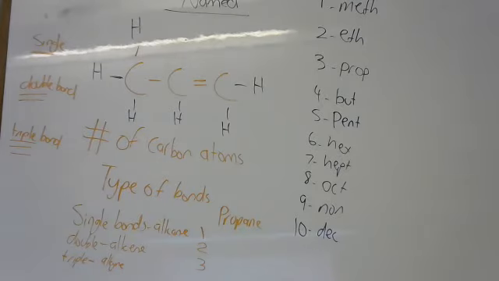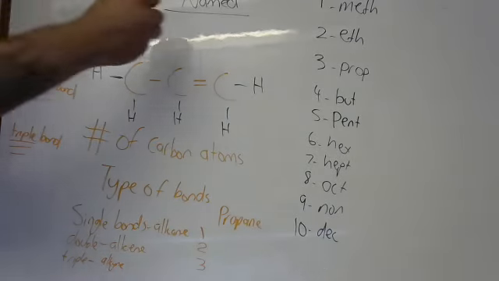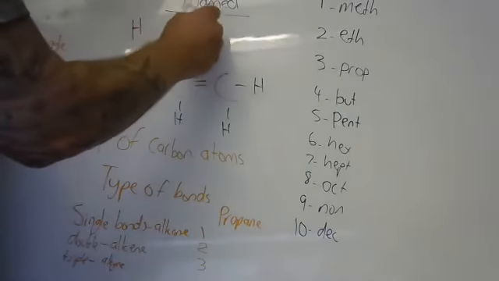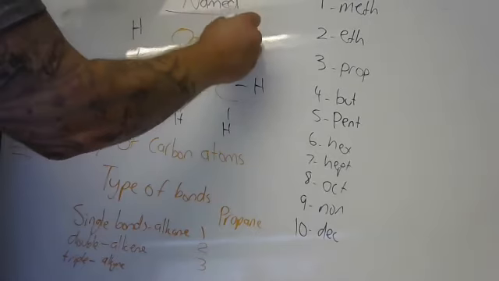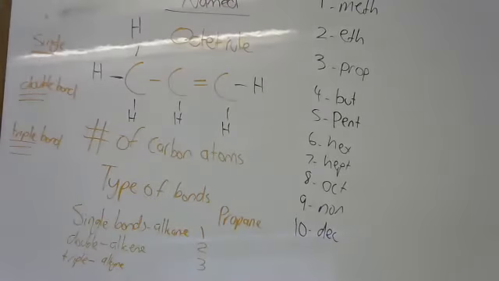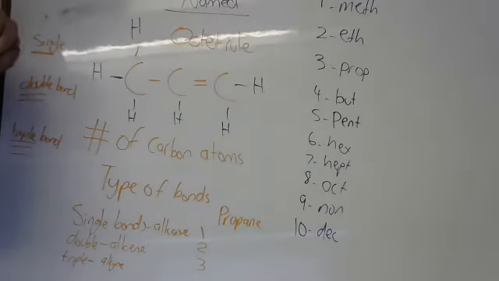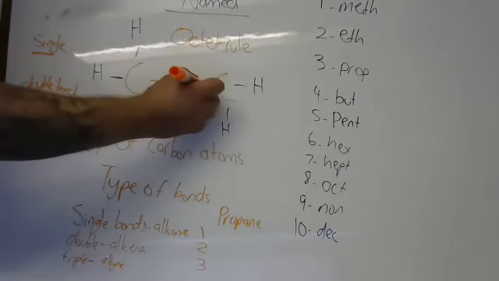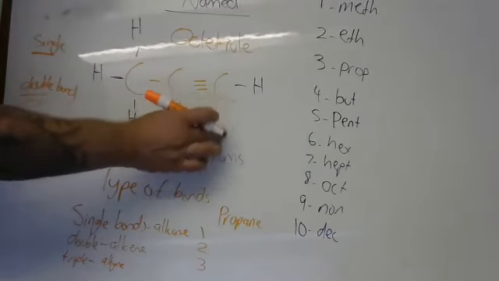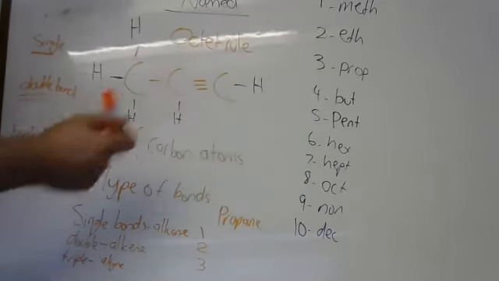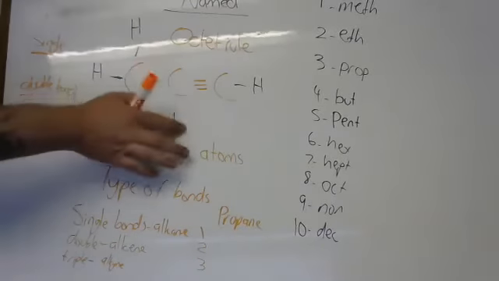This is a good time to revise what we call the octet. Each carbon can only be surrounded by 4 bonds. So if I was to change this to a triple bond, I would have to get rid of a hydrogen.